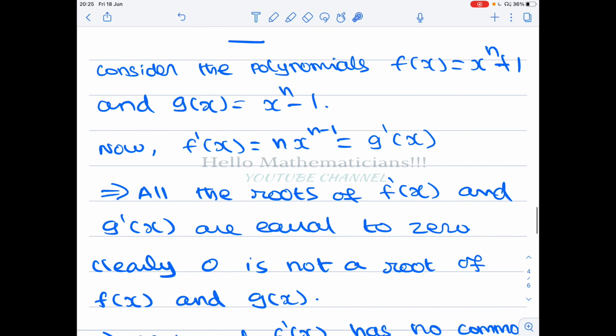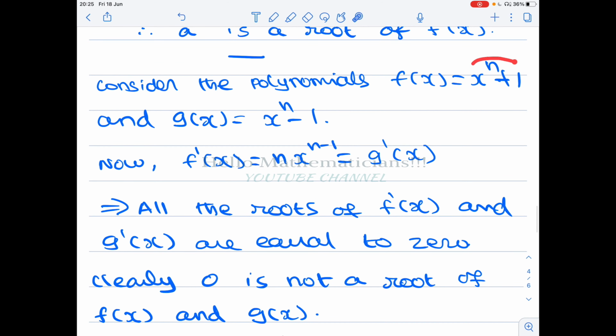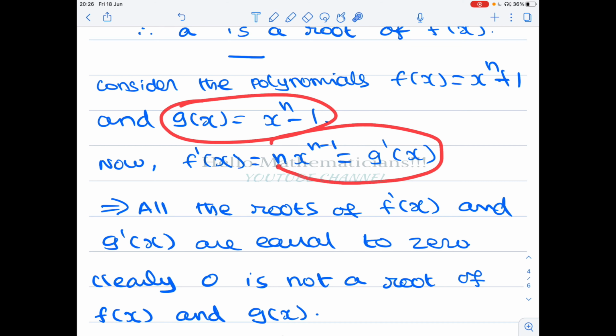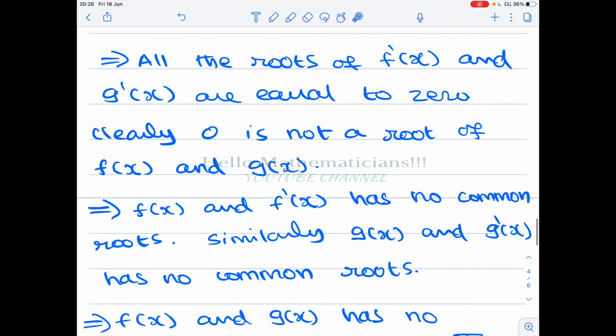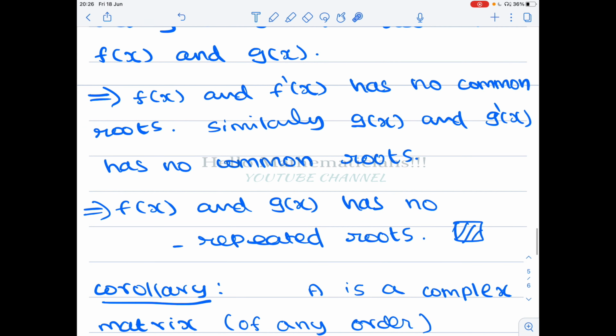But 0 is not a root of f(x) and g(x), correct? So that means that f(x) and f prime(x) have no common roots. Similarly, g(x) and g prime(x) have no common roots. That means that f(x) and g(x) have no repeated roots.